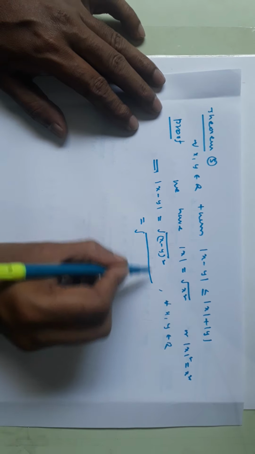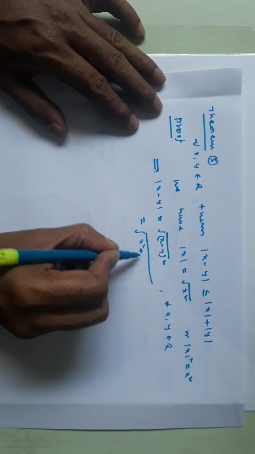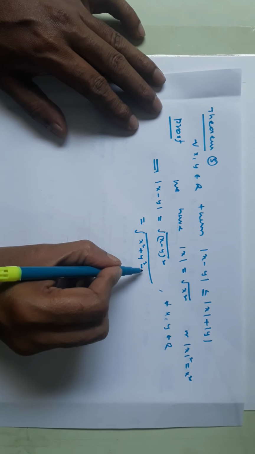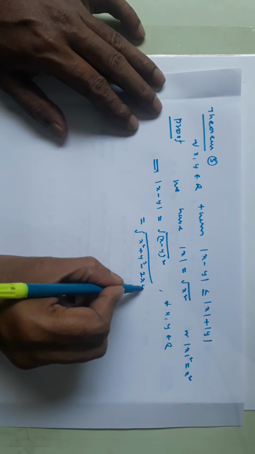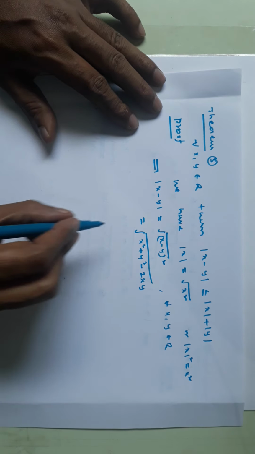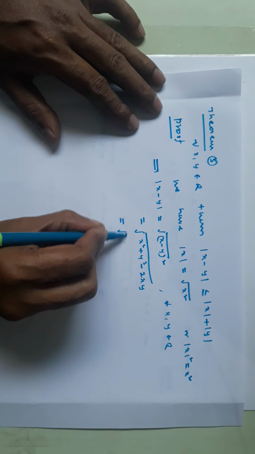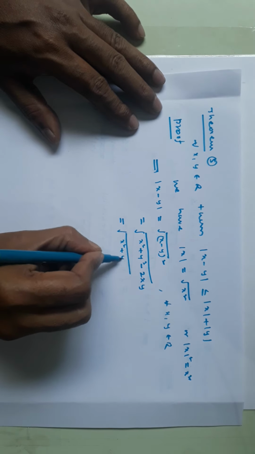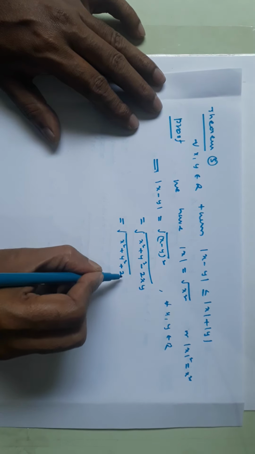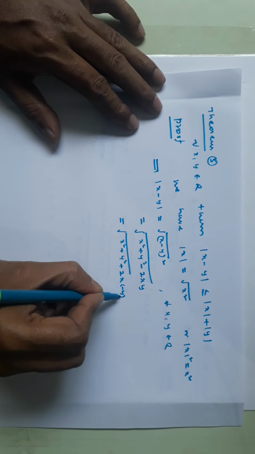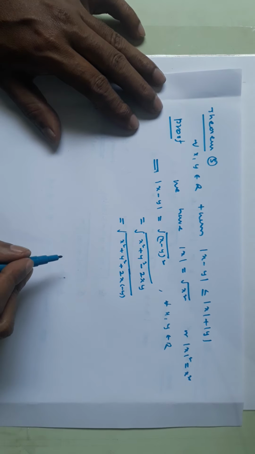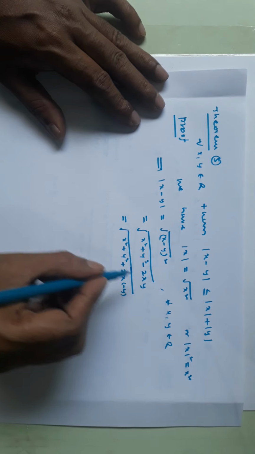So root of x square plus y square minus 2xy, this is true, is equal to root of x square plus y square plus 2 into x into minus y. I can write it like this from the previous step.